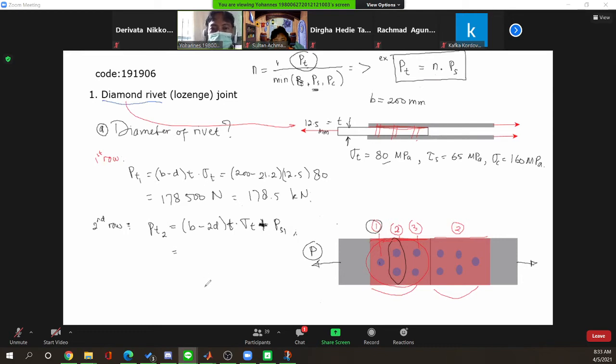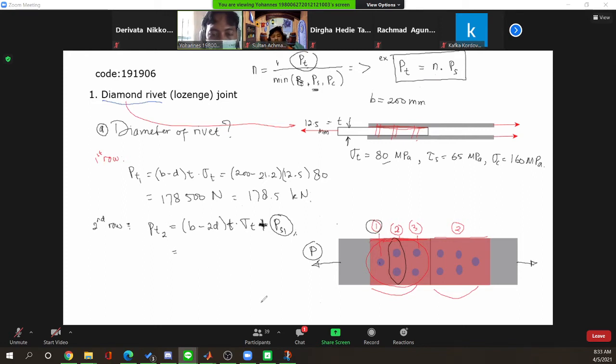The load is already resisted by the shearing load of the rivet in the first row, so the next row, which is the second row, will have the addition of the strength from the first row.